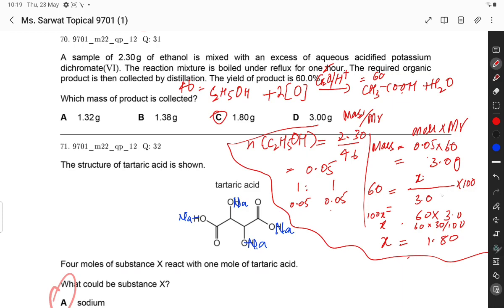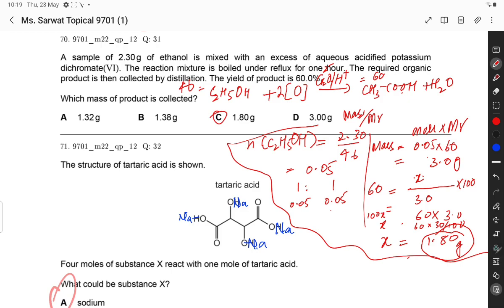By using the formula, experimental mass divided by theoretical yield, the percentage yield given is 60. So the mass of product collected divided by theoretical yield times 100, so 100x is equal to 60 times 3, and x is equal to that divided by 100, 1.80 gram. So this is the best option, 1.80 gram.